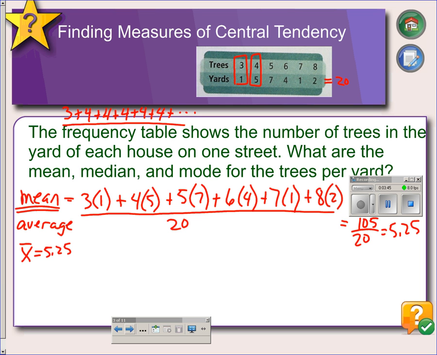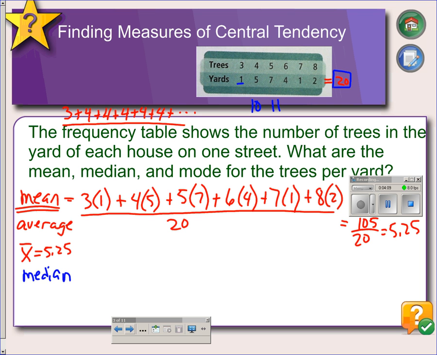The median, as we know, is the middle number. In our table here, we can't just look at the top row of numbers and find the middle because each of the numbers in the top occurs more than once. But we do know we have 20 numbers total, so the middle of a list of 20 would be right between the 10th and the 11th value.